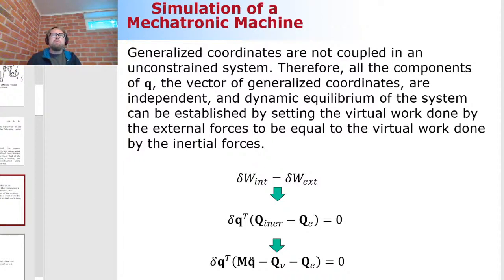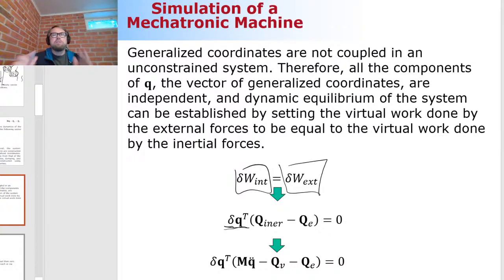Okay, so remember when we started to express the forces in terms of generalized coordinates. We said that we want to look at the virtual work done by inertia forces and the virtual work done by externally applied forces. Now, this can be written in such a way that it is virtual work of generalized coordinates, because these are my variables now.